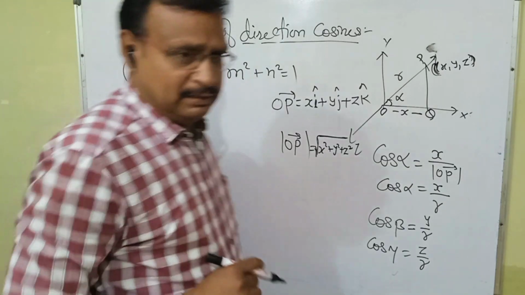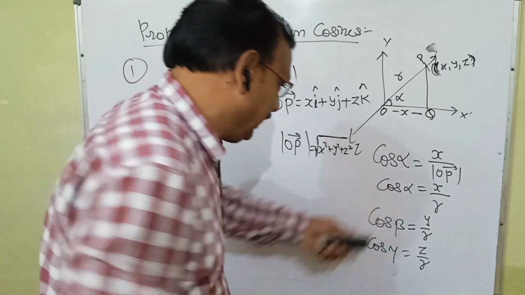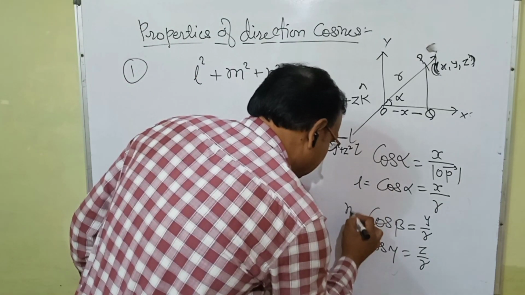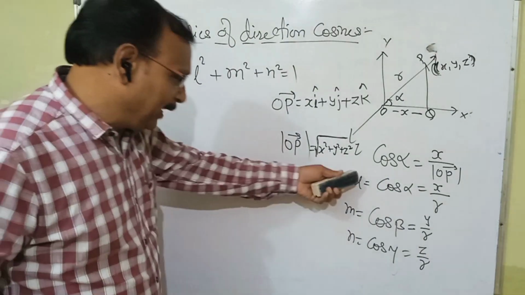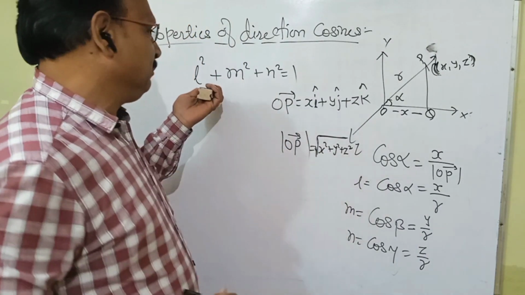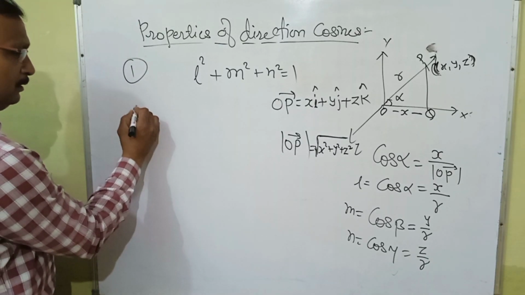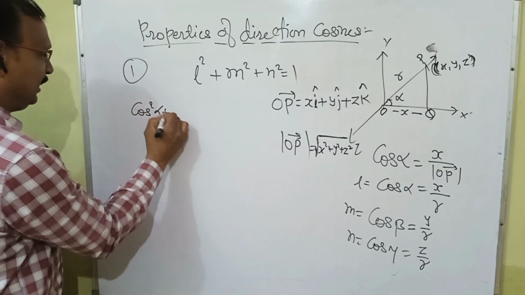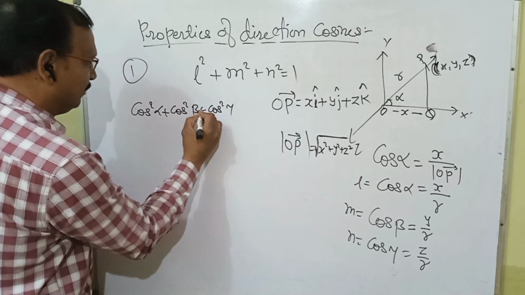So in this relation, in the left hand side we have to substitute the value of l, m and n. This is l, this is m and this is n. When we substitute the values of l, m, n in the left hand side of this relation, we get cos square alpha plus cos square beta plus cos square gamma.